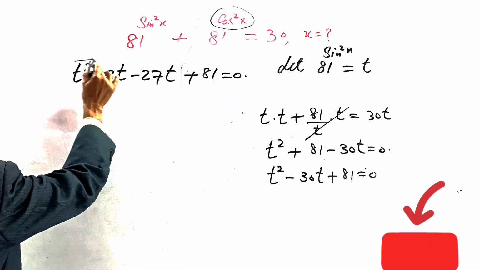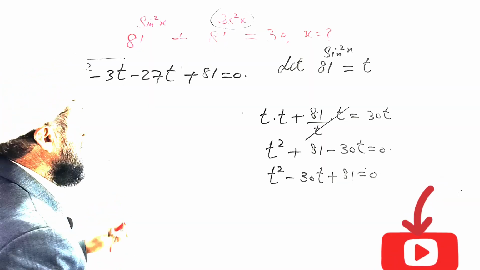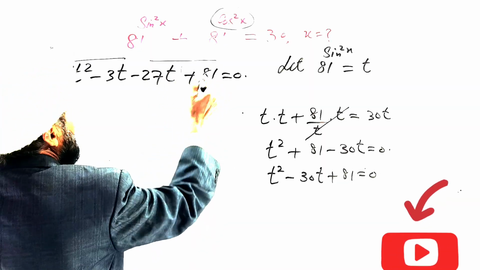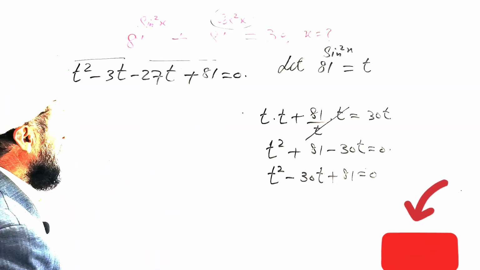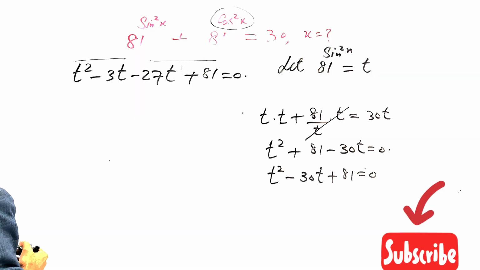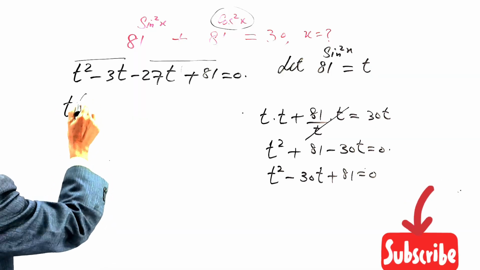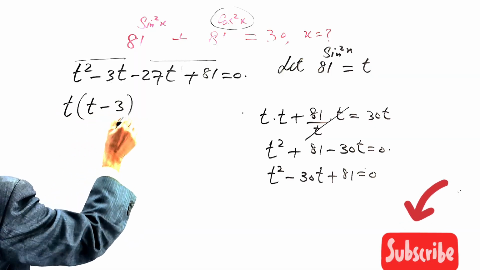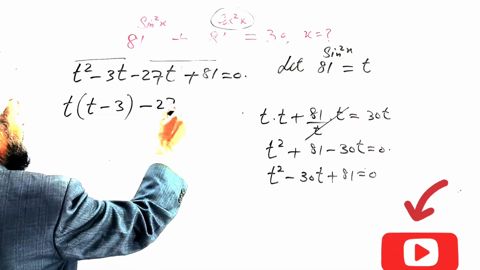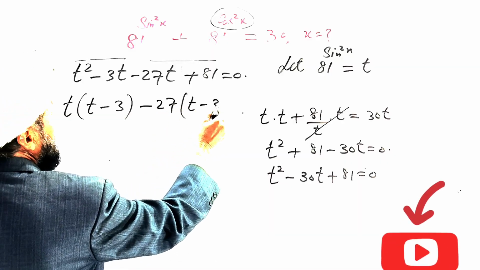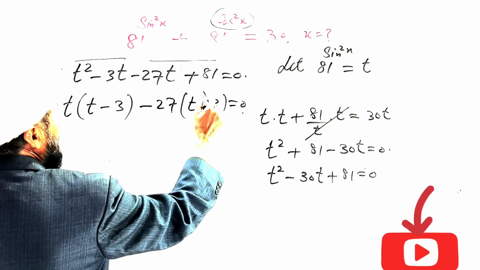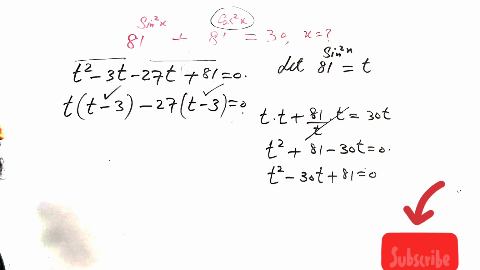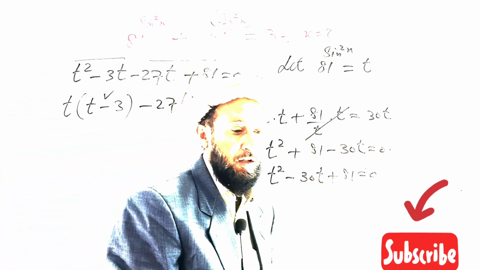We make the first two terms one couple, and the third and fourth terms the second couple. Taking common factors, from the first we get t minus 3, and from the second 27 times t minus 3 is equal to 0. These two pairs must be the same, otherwise our question is wrong.